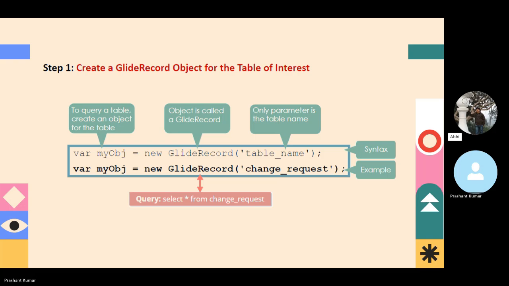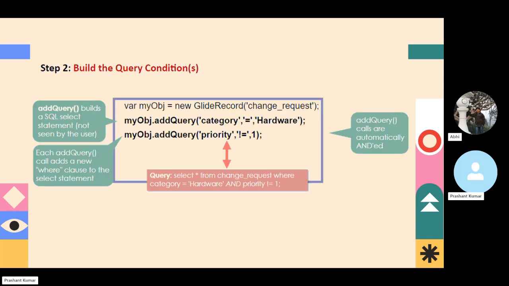This way we create the object, and this way we write the query with object.addQuery. We can add multiple checks there, like category is hardware, priority is not equal to 1. So it should not be priority 1 and category should be hardware. Based on this condition, the script will execute.